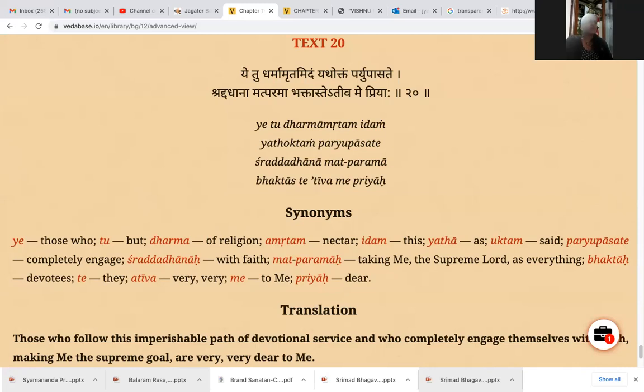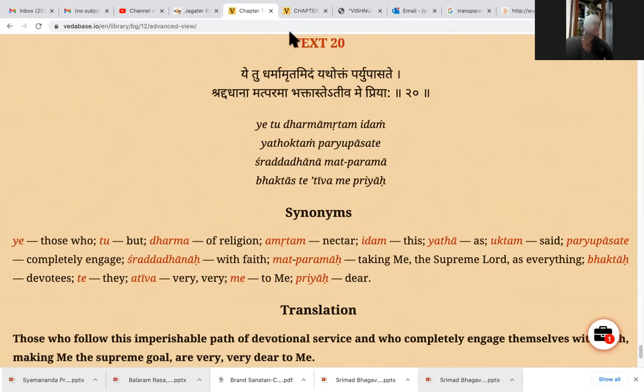So, ye tu dharmamritamidam yathoktam paryupasate. So, ye indicates the devotees in question. Those who. Ye is a pronoun like I, me, him, her, the way we have in English. This is in Sanskrit.